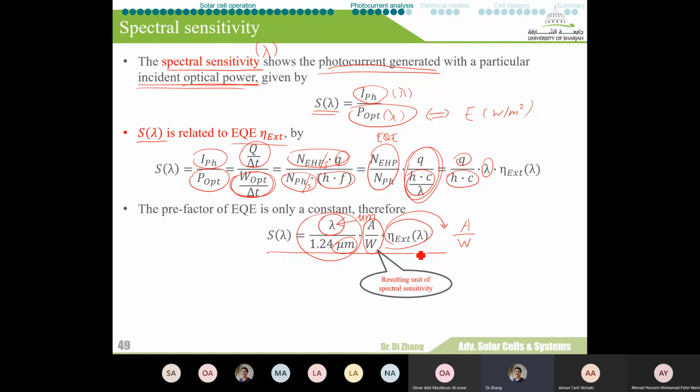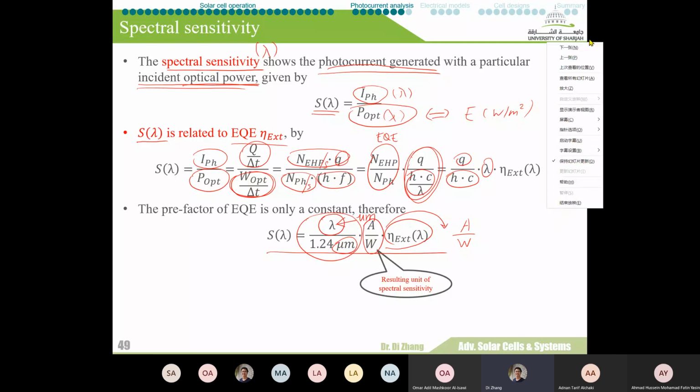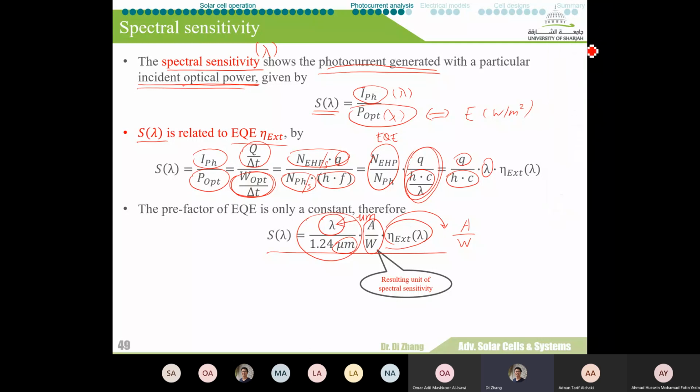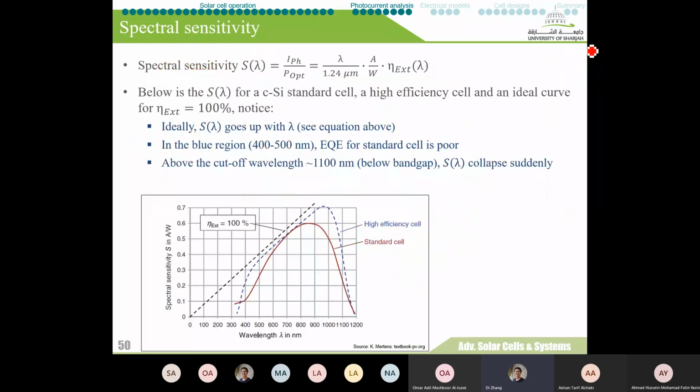It may seem a little bit complicated, but I hope the next slide will give you a better explanation. If I plot spectrum sensitivity versus wavelengths, we would like to know the limit for spectrum sensitivity, because we know that the limit for quantum efficiency is 100%.